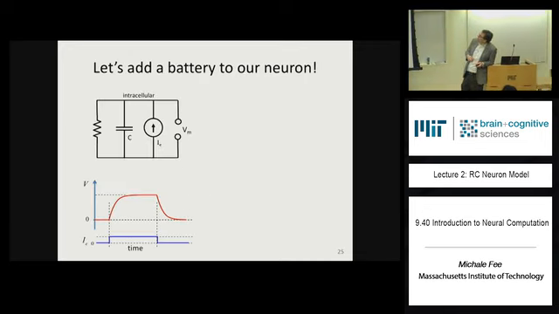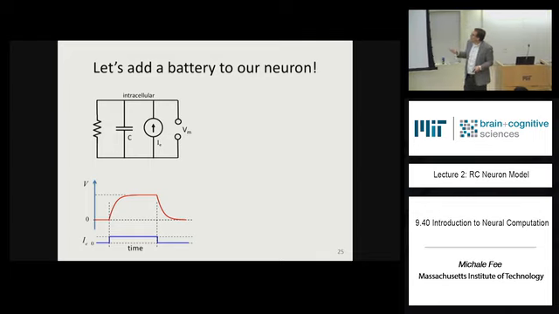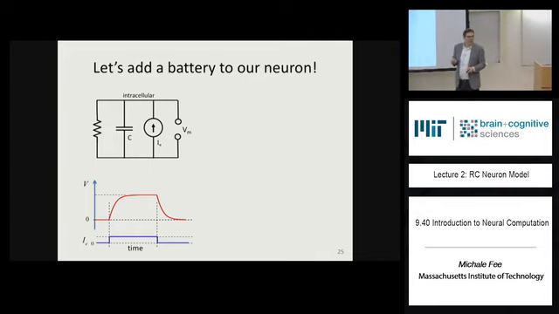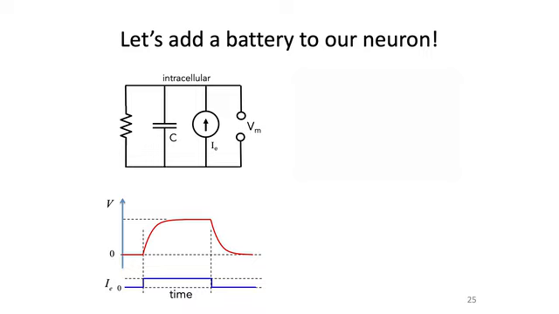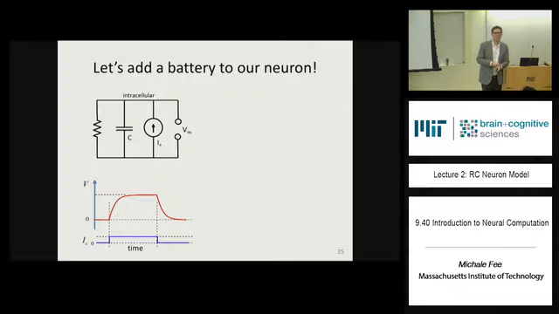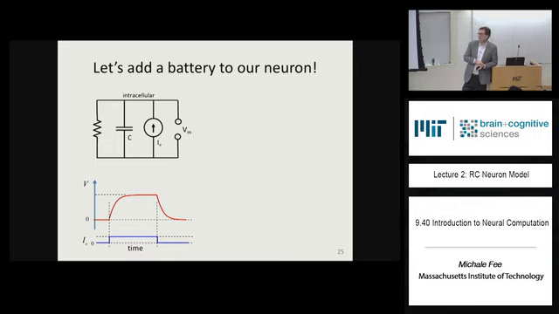Okay, so we're going to add a new component to our model. It's a battery, and it's going to solve one really fatal problem with this model. What's the problem with this model? Can anyone see it? I'm kind of showing it right here. What happens to this neuron if I turn the current off?